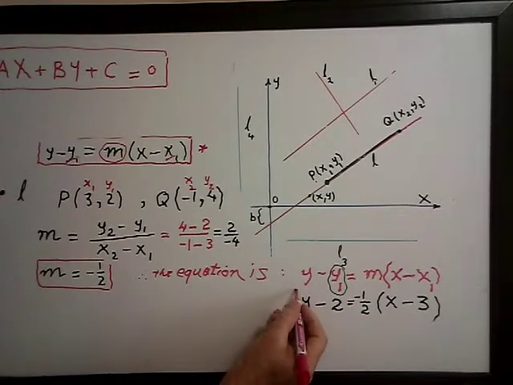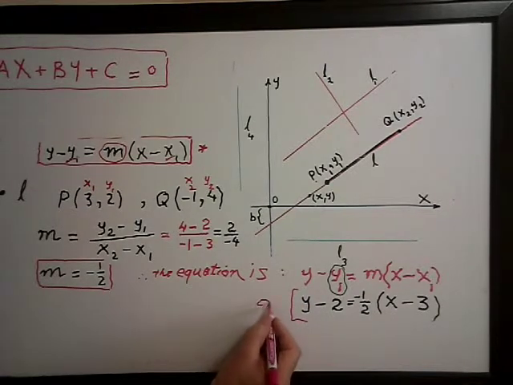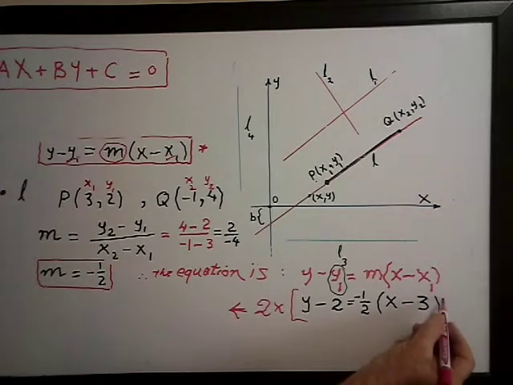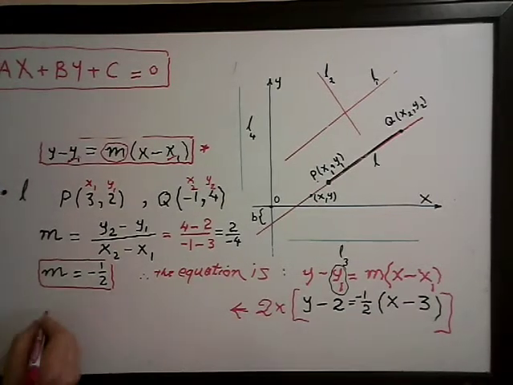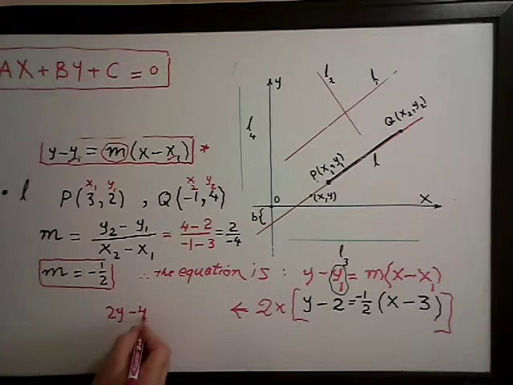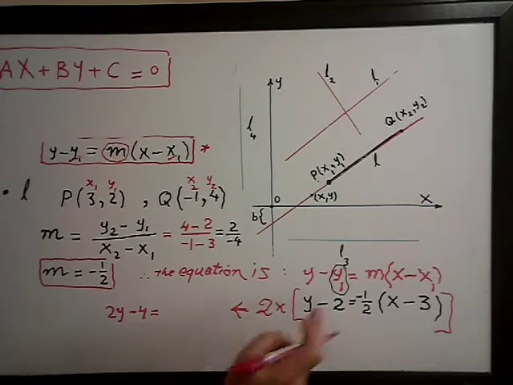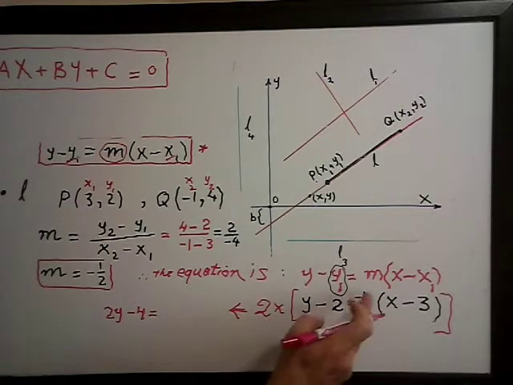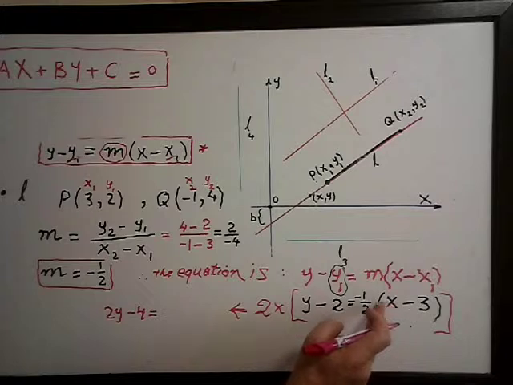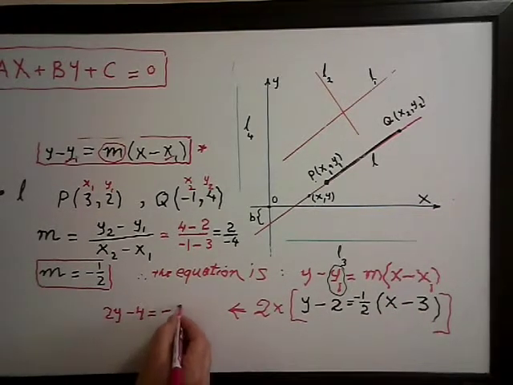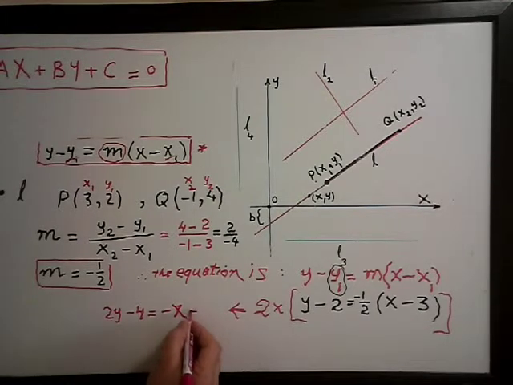We got 2y minus 4 is equal to, also here will be -1 after multiplying by 2. -1 can be multiplied by the inside of the brackets, so we have minus x plus 3.